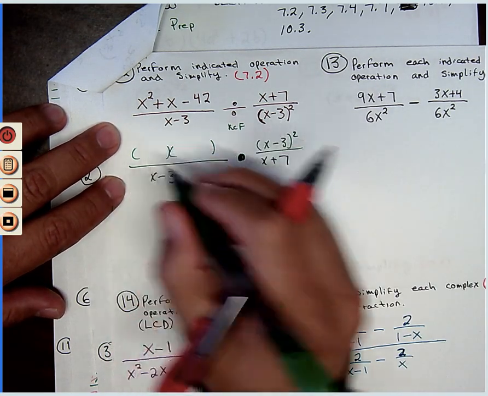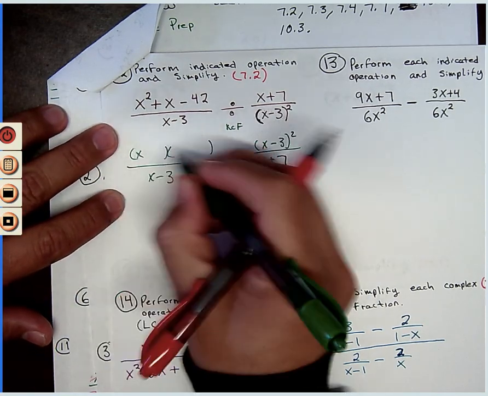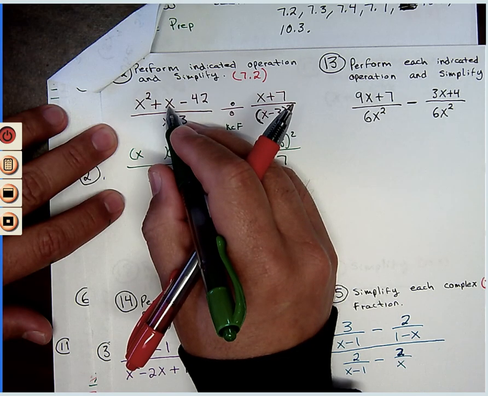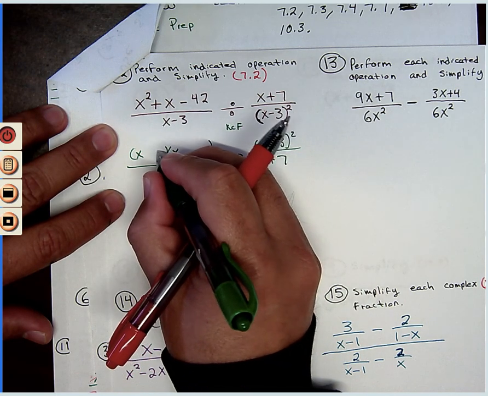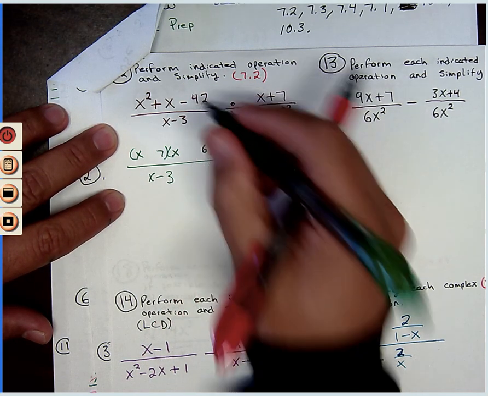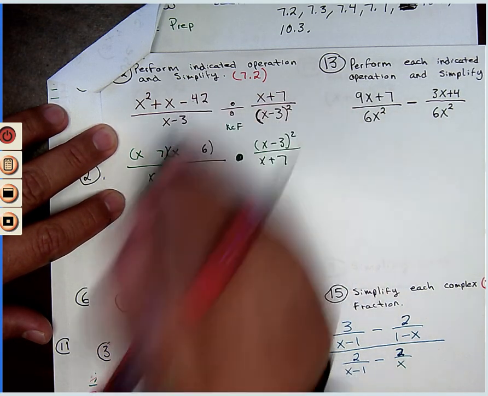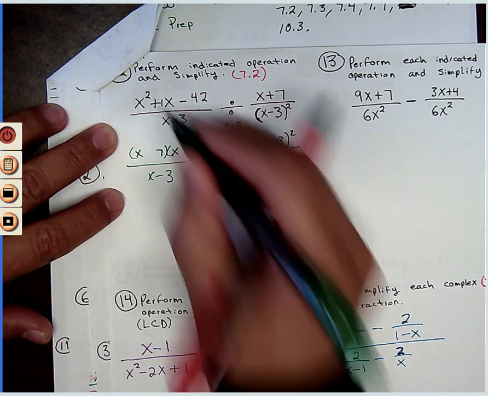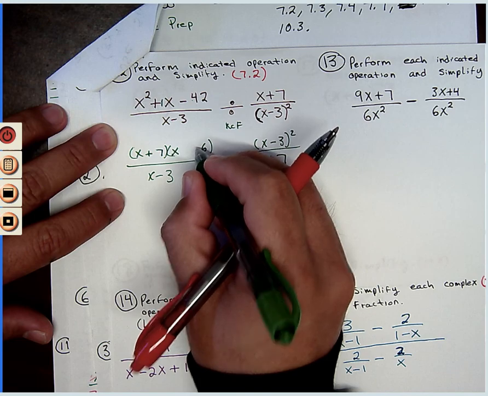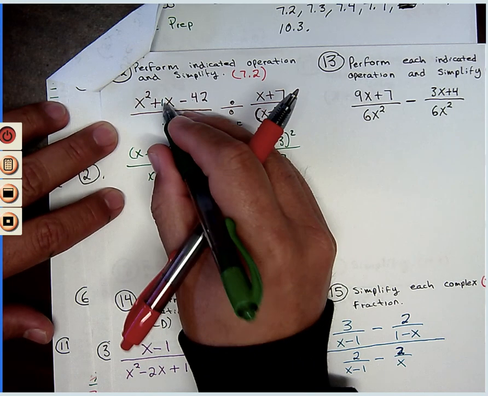And then this one, I'm going to factor it. So two numbers that multiply to negative 42 and add to positive 1, it's 7 and 6, right? 7 times 6 gives you 42, but negative 42, and then they need to add to a positive 1. So that means this has to be the positive, and that one has to be the negative, because they add to a positive.